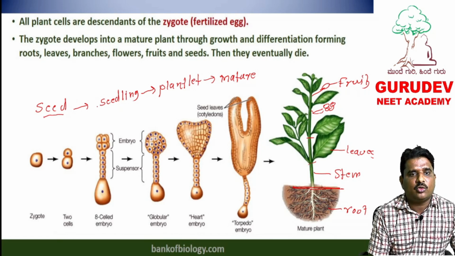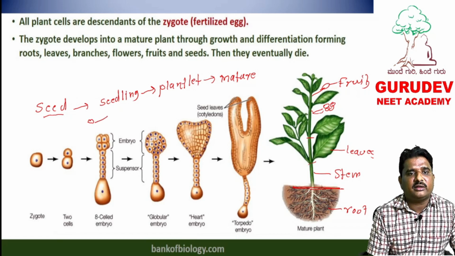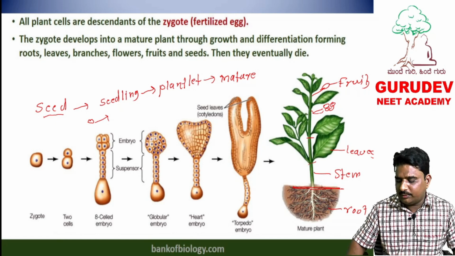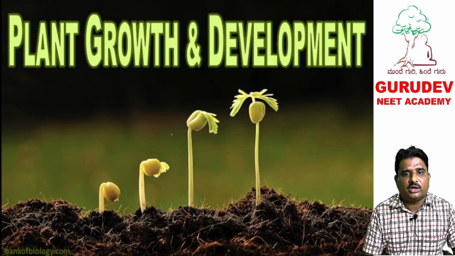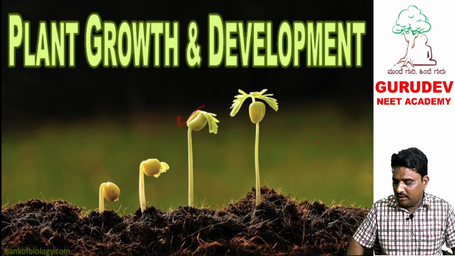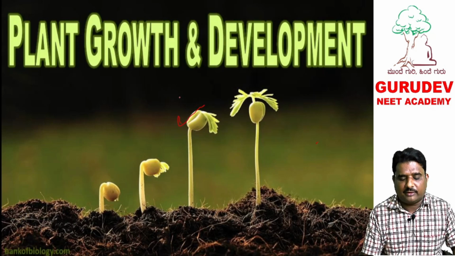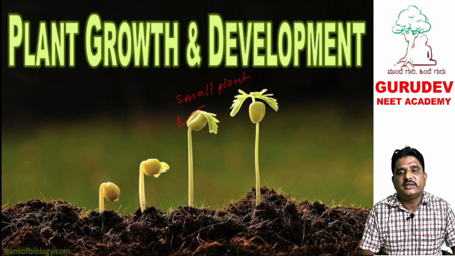Seed means fertilized ovule. And the young plant coming from the seed is called seedling. Look at this figure. This particular figure is called seedling. The small plant coming from the seed is called seedling.